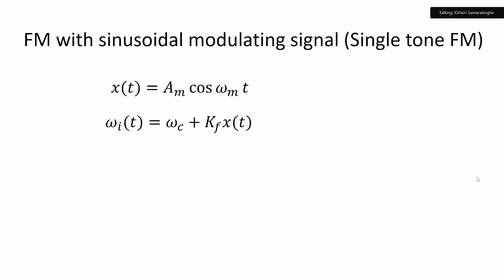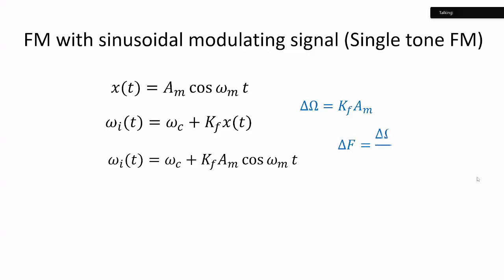Then omega i will be omega c plus kf into x(t). Substitute for x(t) as Am cos omega mt. Peak frequency deviation is then kf Am divided by 2π. Sorry, the unit will be hertz here.